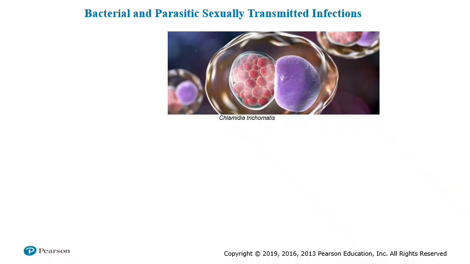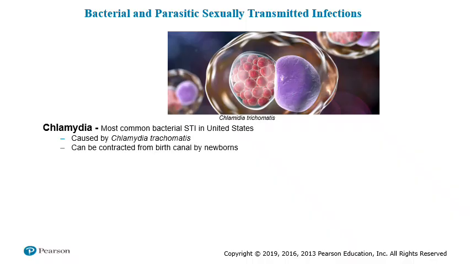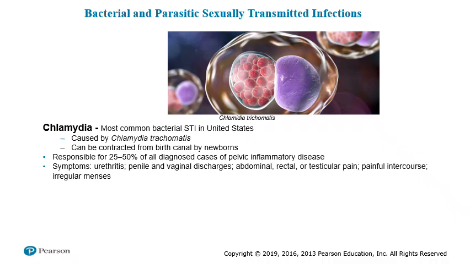The first sexually transmitted infection is chlamydia, and it's brought about by a bacterium which we call Chlamydia trachomatis. It can be contracted from the birth canal by newborns, and is responsible for about 25 to 50% of all diagnosed cases of pelvic inflammatory disease.